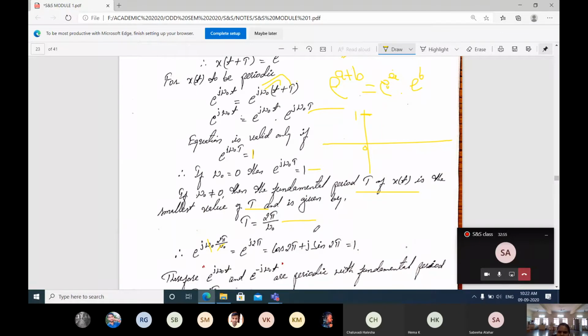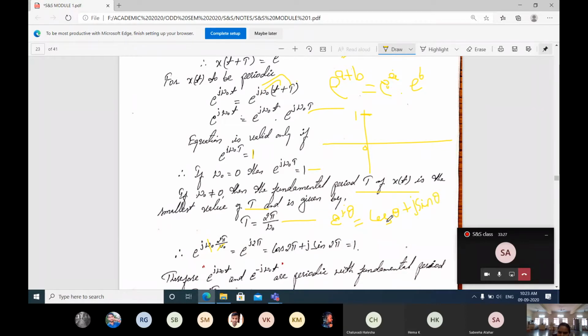What is e power j theta? What is the equation for it? E power j theta is cos theta plus j sin theta.